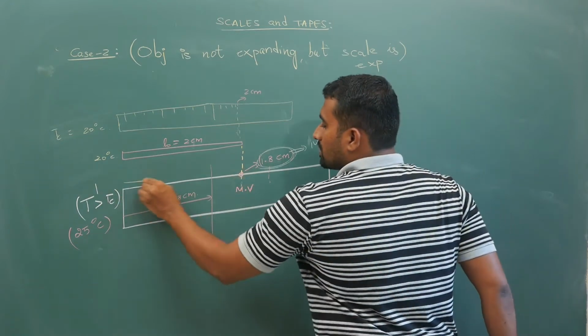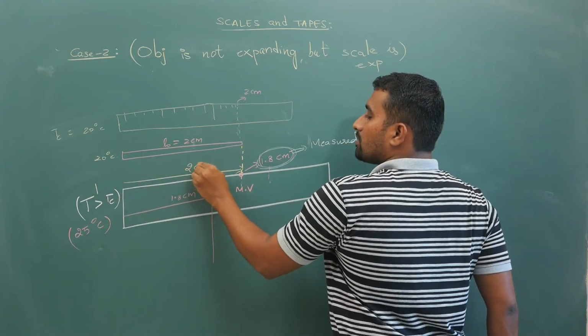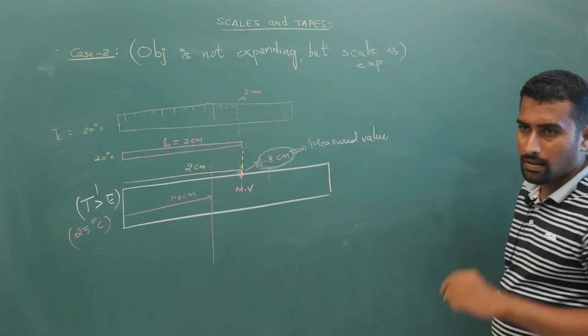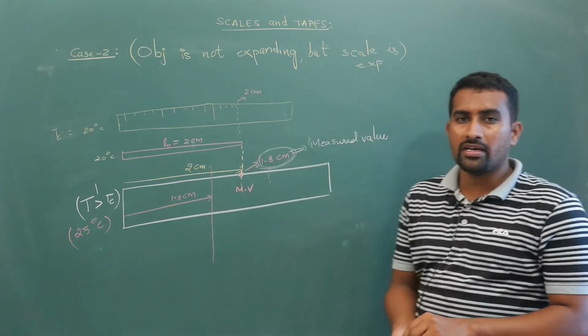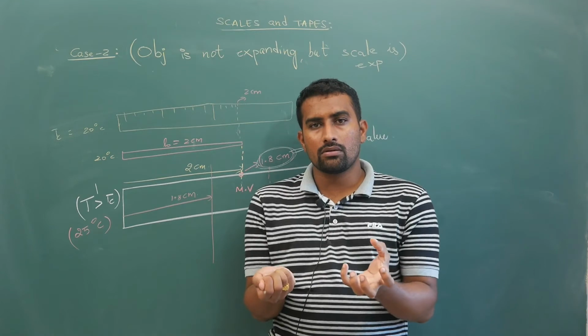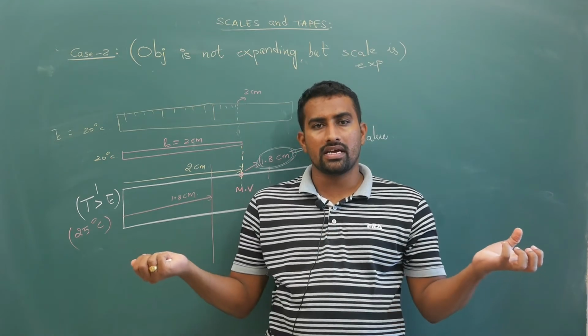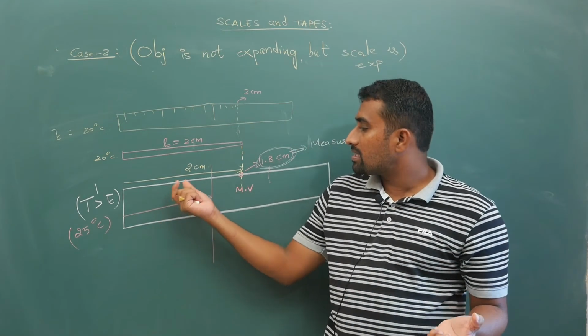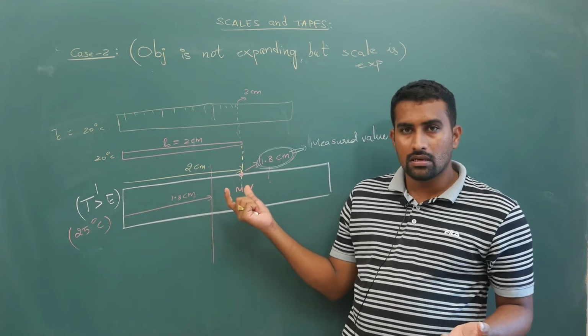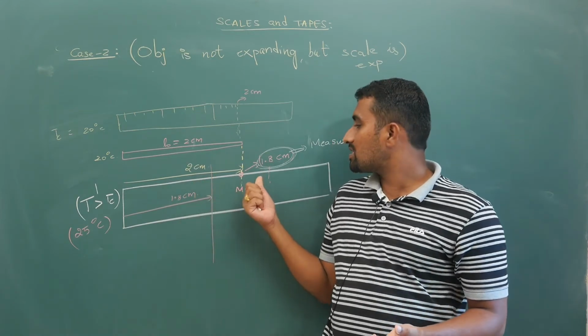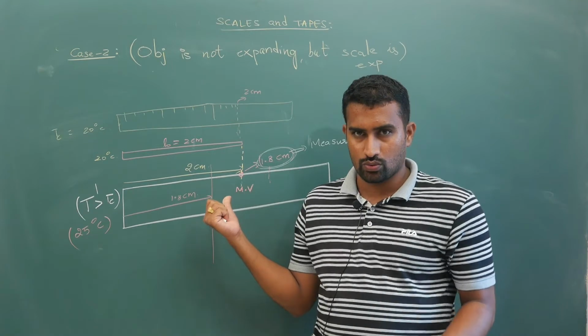How much is this length? We know that it is 2 centimeters. Getting my point? When you are heating it, the object will expand, and obviously the gap between the readings will increase. If this gap is increasing, this scale will show a lesser value.